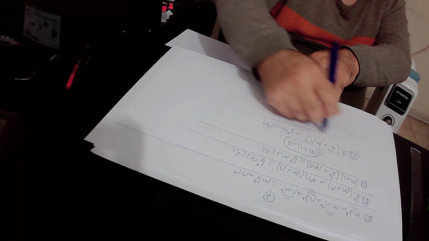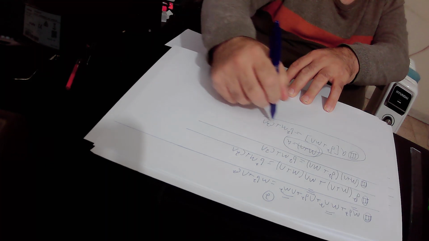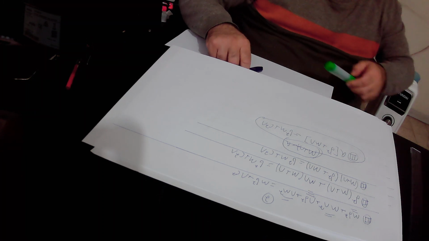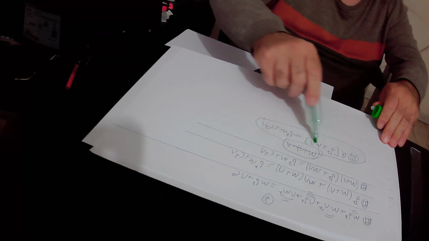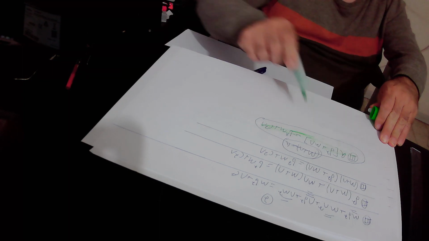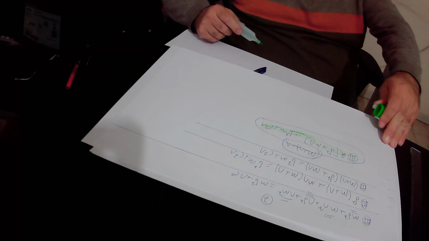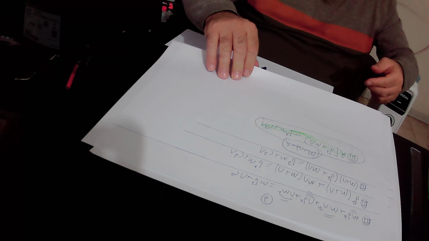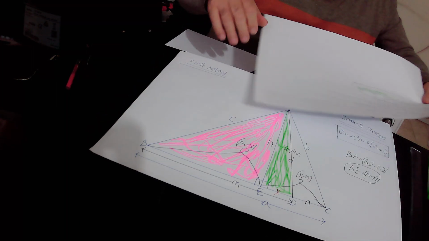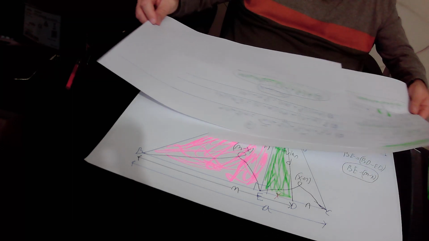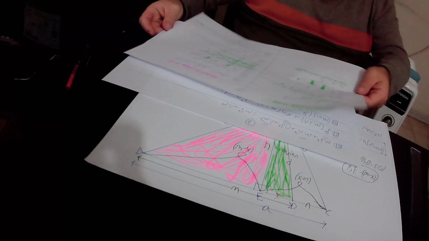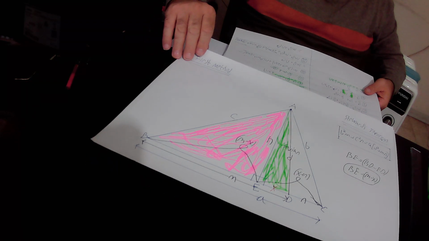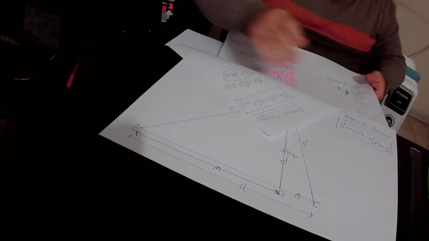Okay. And this equation is exactly Stewart's equation. Okay, so we proved Stewart's equation according to the first method. In the next step, we'll prove Stewart's equation in the second method.